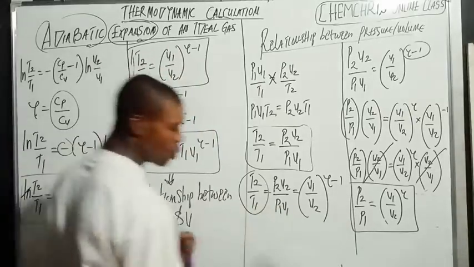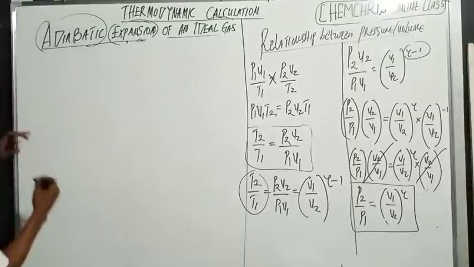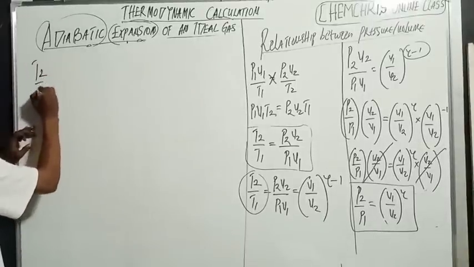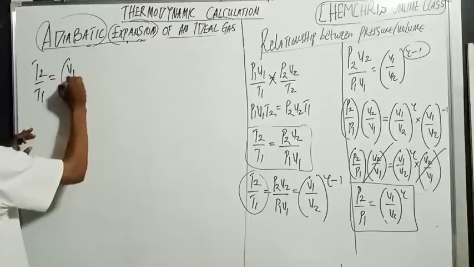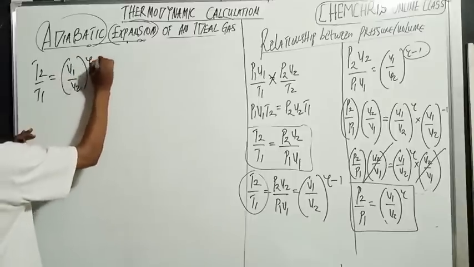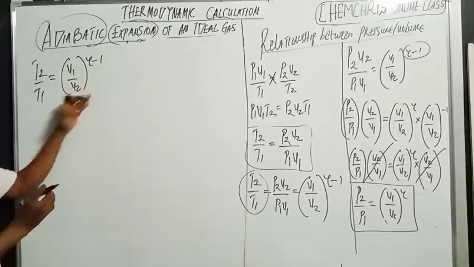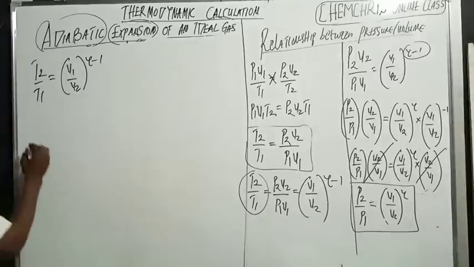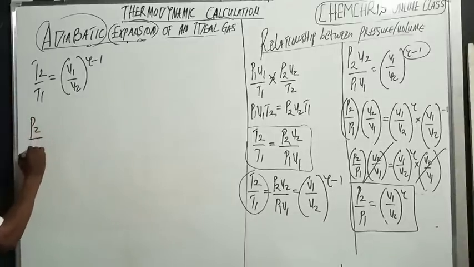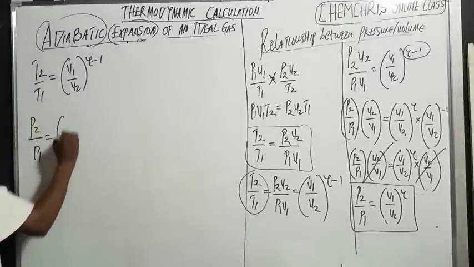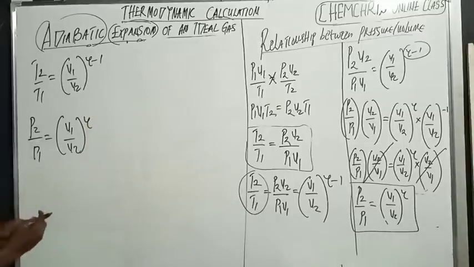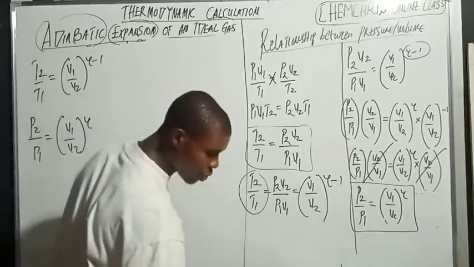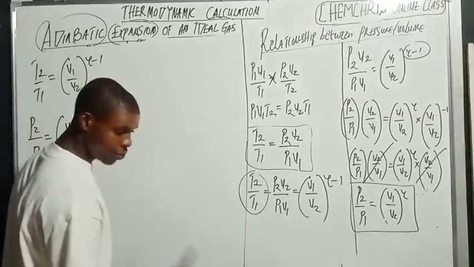So I'm going to write the whole board here. I have the first formula here, which is what? T2 over T1 equals to V1 over V2 to the power lambda minus 1, right? So this is the first formula. The second formula we derived is P2 over P1 equals to V1 over V2, right? The last one, which we are not going to derive, I'm just going to give to you.